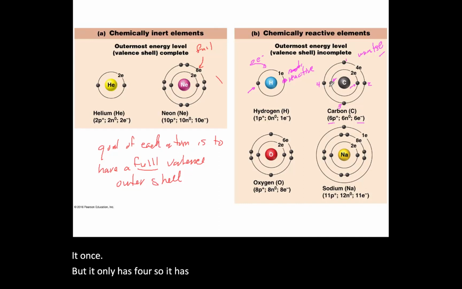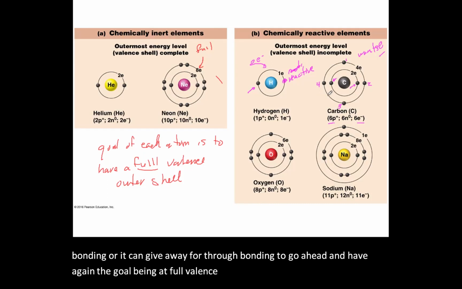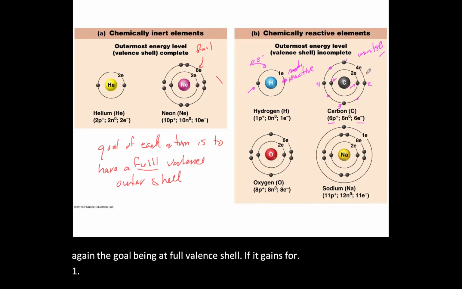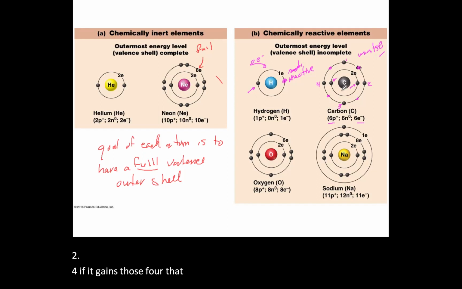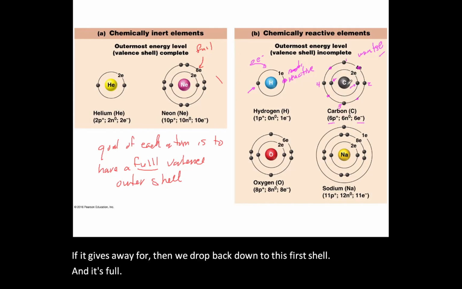It can either gain 4 more through bonding, or it can give away 4 through bonding to have, again, the goal being a full valence shell. If it gains those 4, that outer shell is now full. If it gives away 4, then we drop back down to this first shell, and it's full. So again, that's the key.